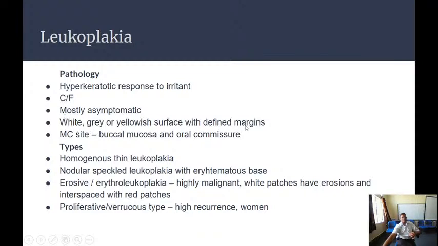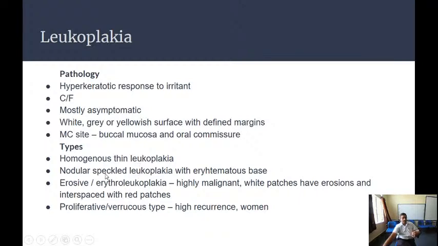These are mostly asymptomatic, but sometimes when they grow in size, there is always some kind of a transformation, like the nodular speckled leukoplakia with erythematous base, which means that leukoplakia, a pre-malignant condition, can transform.